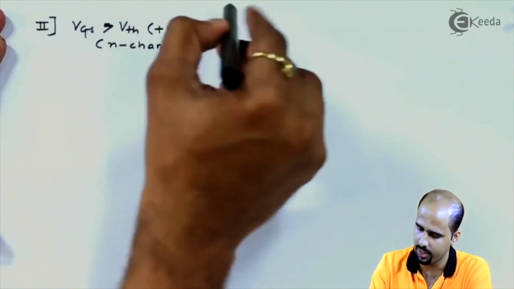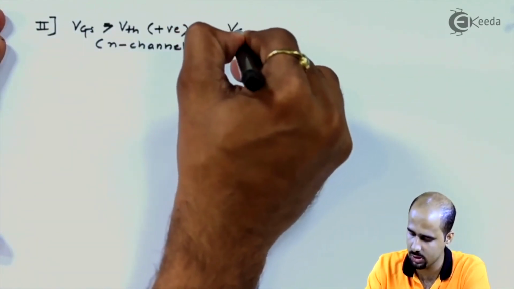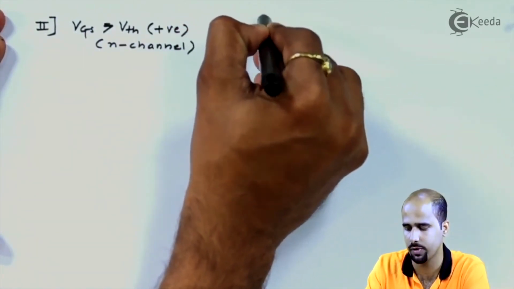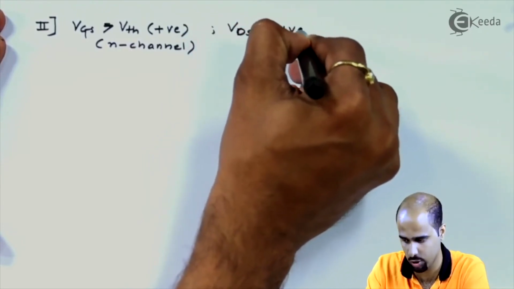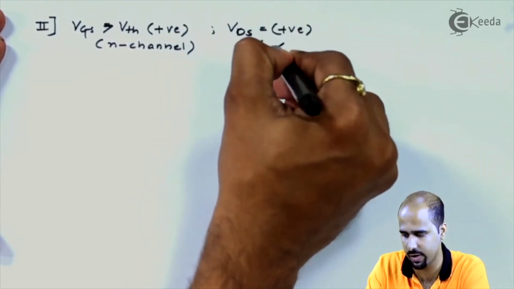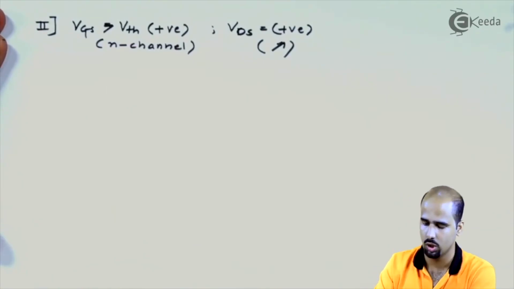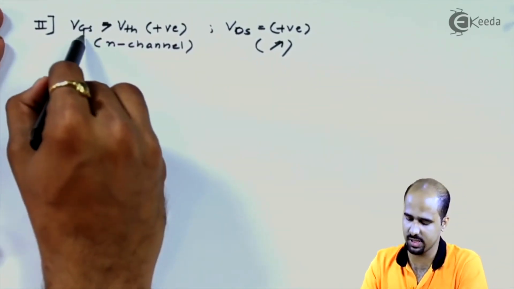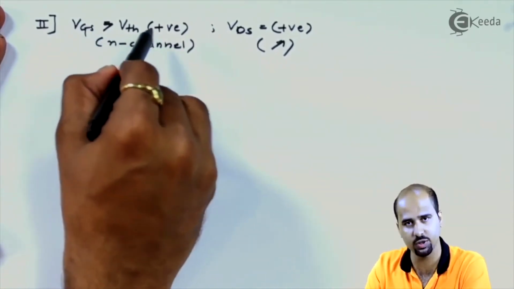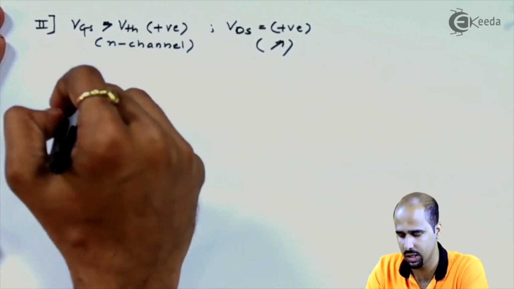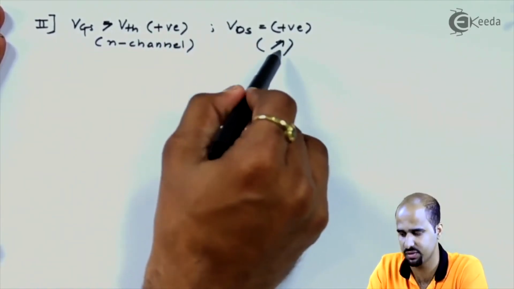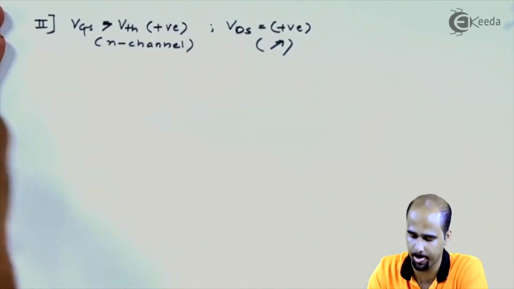Whenever we learn this, VDS we consider on the positive side only and it is varying.